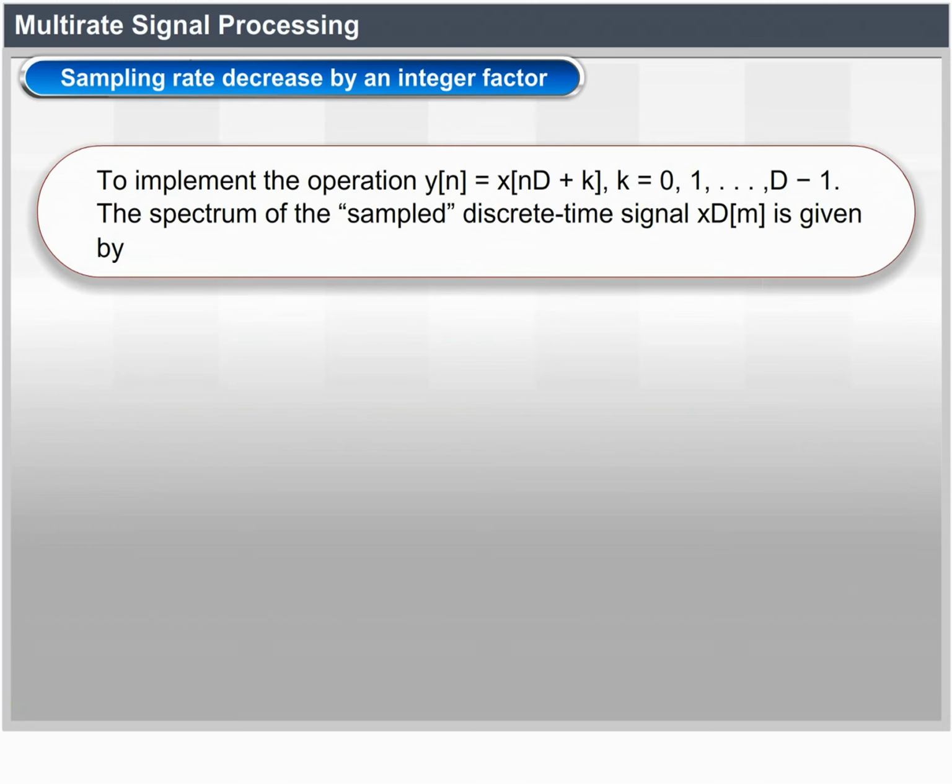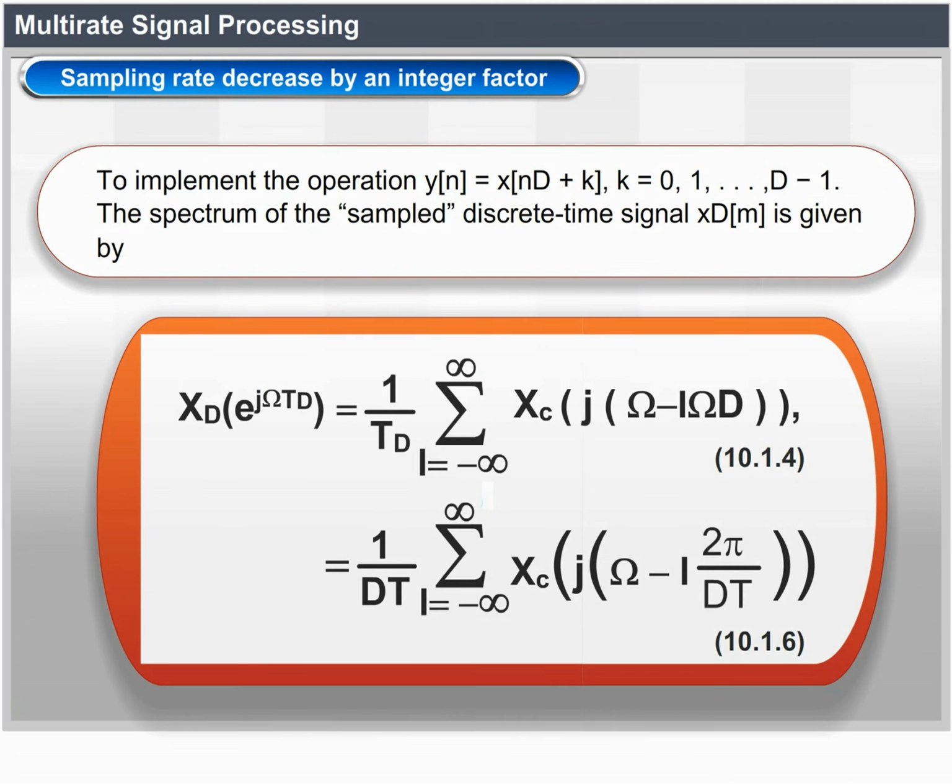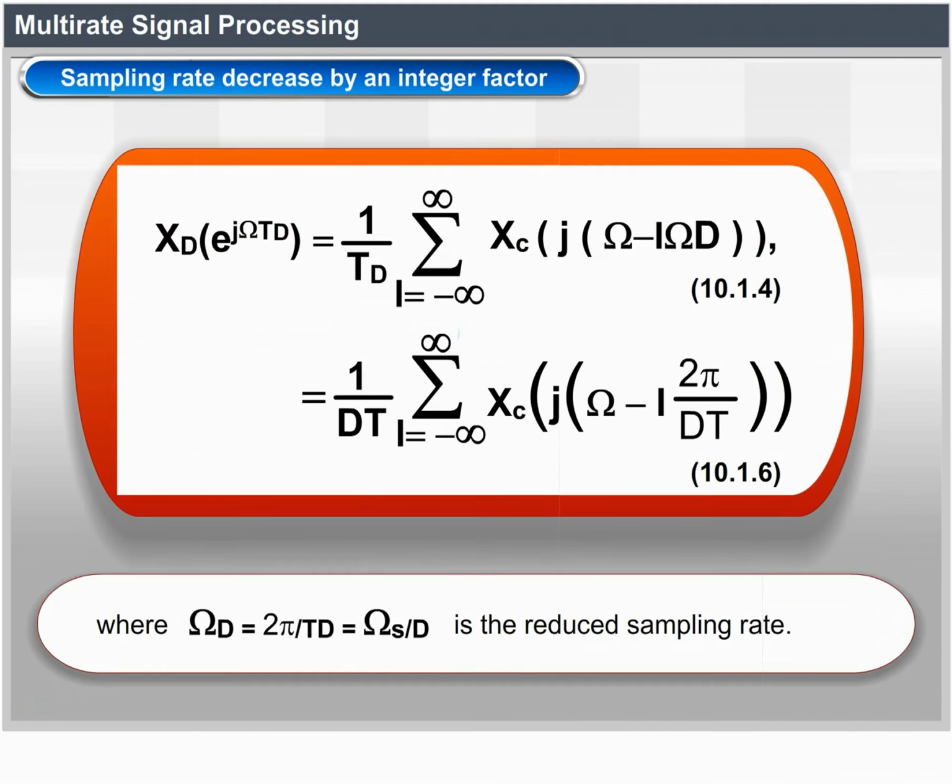The spectrum of the sampled discrete time signal xd(n) is given by Xd(e^{jωTd}) = (1/Td) Σ_{L=-∞}^{∞} Xc(j(ω - Lωd)) = (1/dT) Σ_{L=-∞}^{∞} Xc(j(ω - L·2π/dT)), called equation number 10.1.6, where ωd = 2π/Td = ωs/d is the reduced sampling rate.